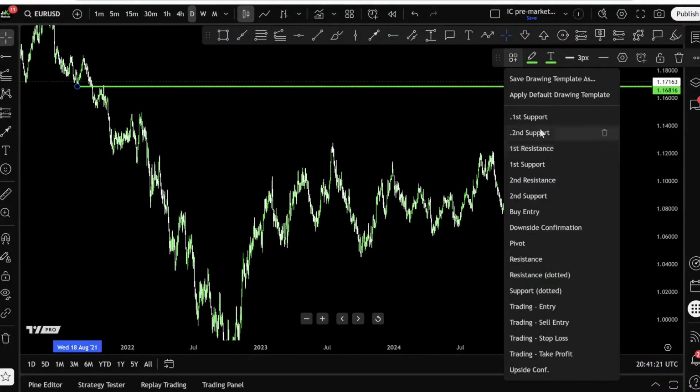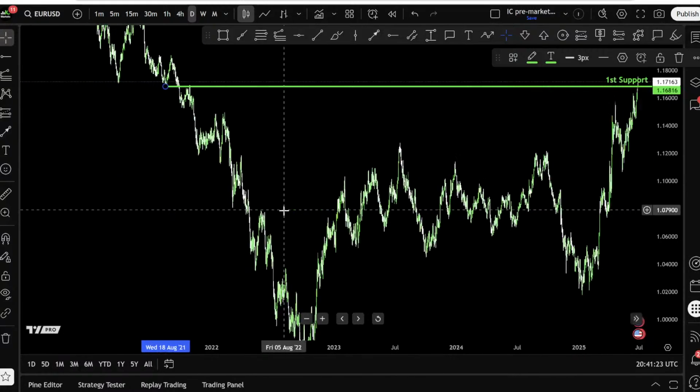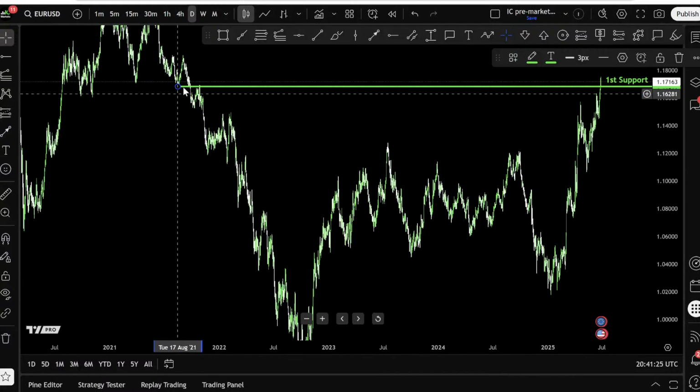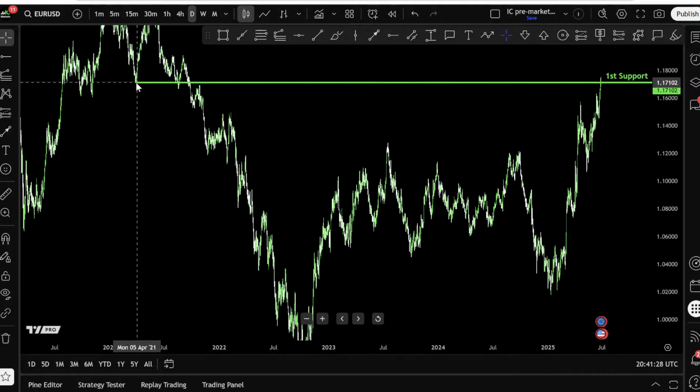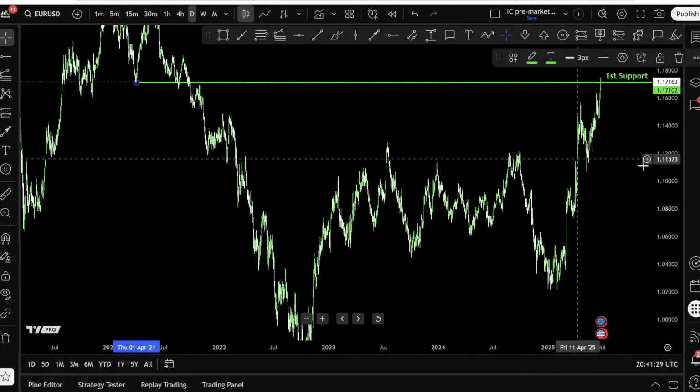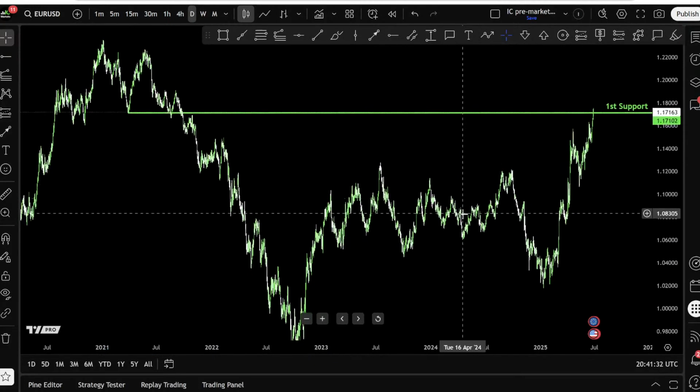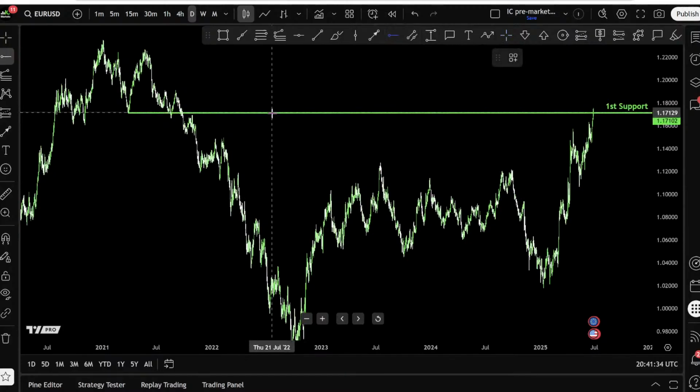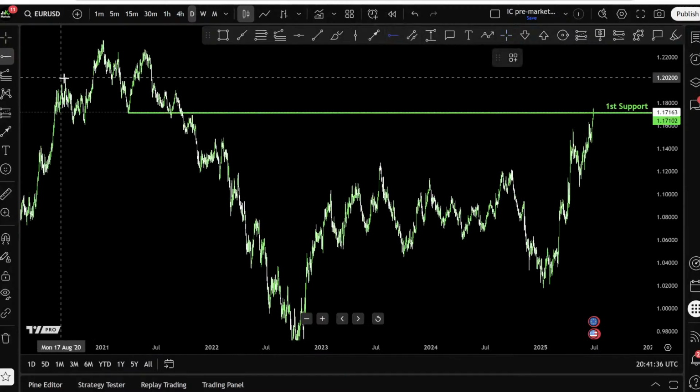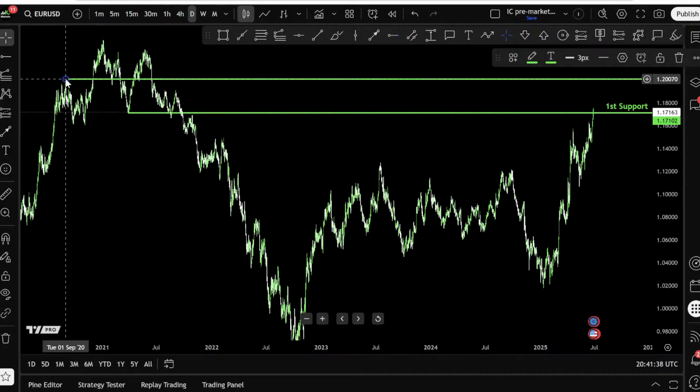Okay, this would be my first support. So this is purely graphical based on the previous swing lows and swing highs. Of course, we might go in and adjust these levels after going in with our Fibonacci levels.